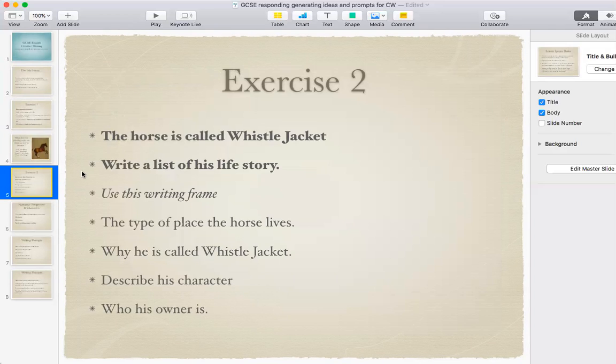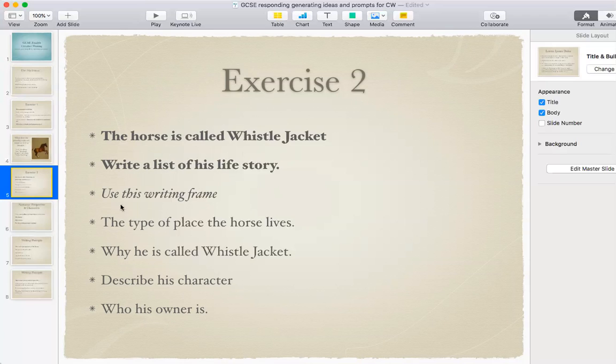Okay, so when you've got those ideas down, the exercise is about the horse itself. This is about building character and setting, in particular character. The horse is called Whistlejacket. So write a list of his life story. Don't be thinking I'm going to write a story. I want you to write a list of his life story.